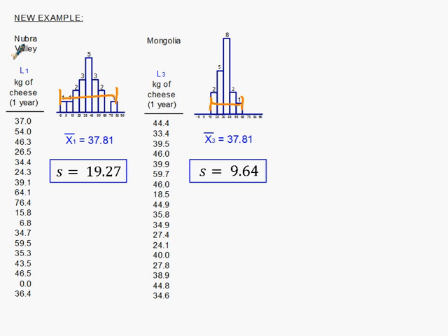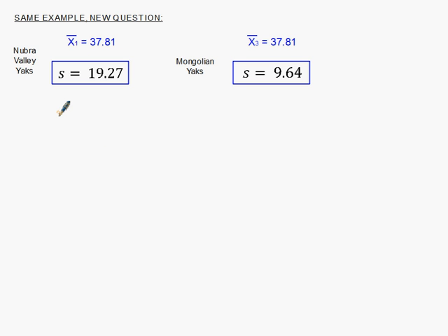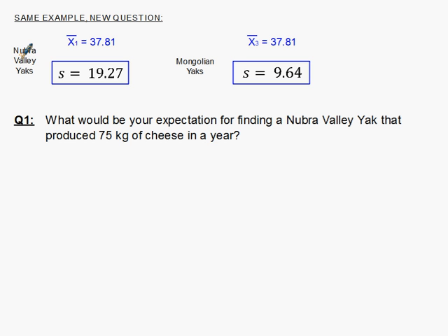Now let's talk about this example. So same example, but we need to ask some new questions. So the new question would be, what would be your expectation for finding a Nubra Valley yak that produced 75 kilograms of cheese in a year? Well, expectation, what's that about?